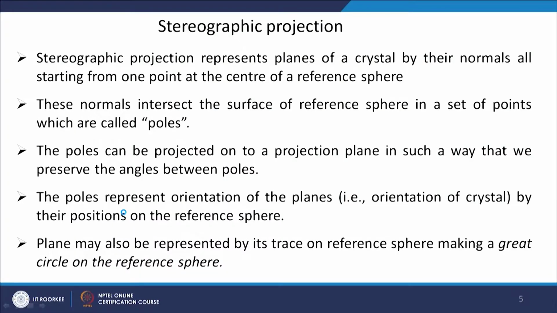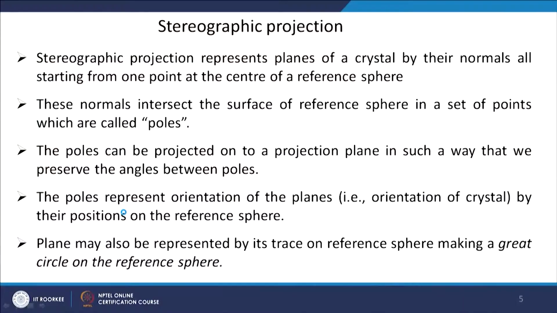Now, continuing with stereographic projection, basically every plane is defined by its normal. Okay. And these normals of different planes are starting from what we call a reference sphere. I will tell you what we mean by this reference sphere.